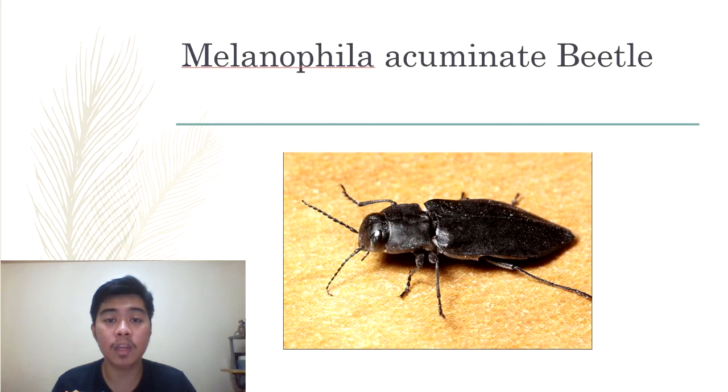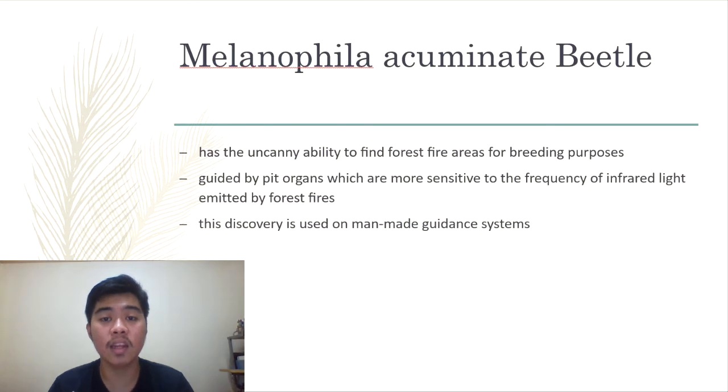Another biomimetic approach example is the Melanophila acuminata beetle. This beetle has the uncanny ability to find forest fires for breeding purposes. Females of this species lay eggs in burnt wood where the natural defense phenomena of living trees are absent.